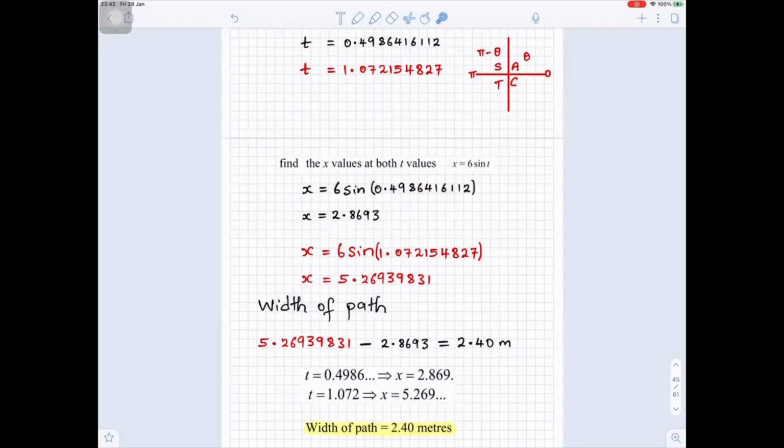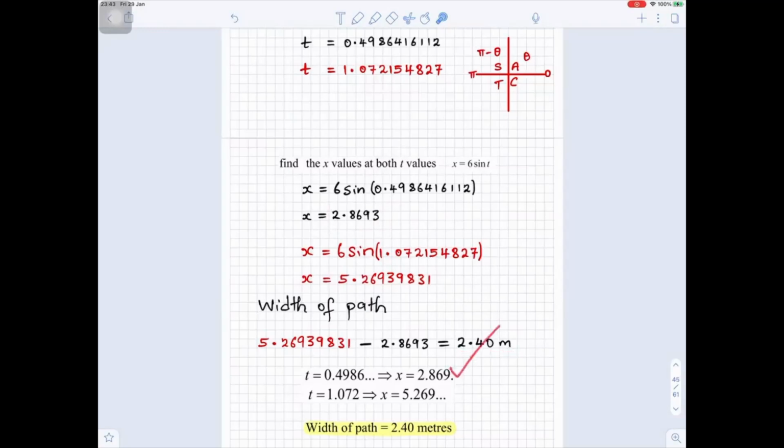That's your first value for x. And we use the same x equals 6 sine t, 6 sine 1.072, and 6 times that would be 5.269. So the width of the path is 5.269 minus 2.869, and that will give us 2.40 meters.